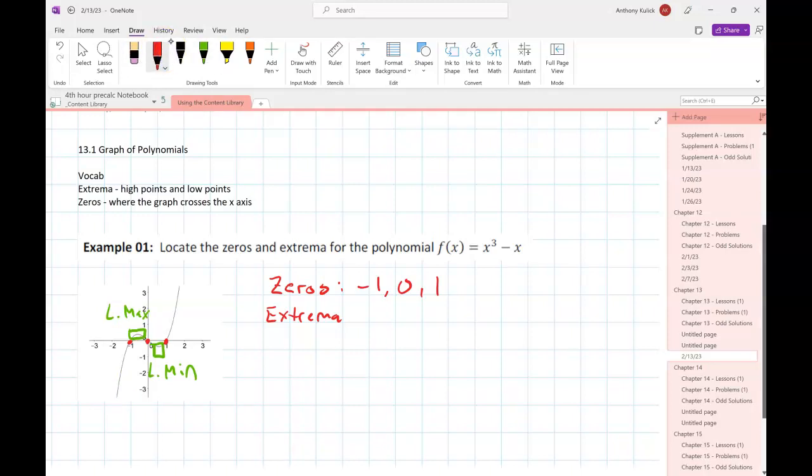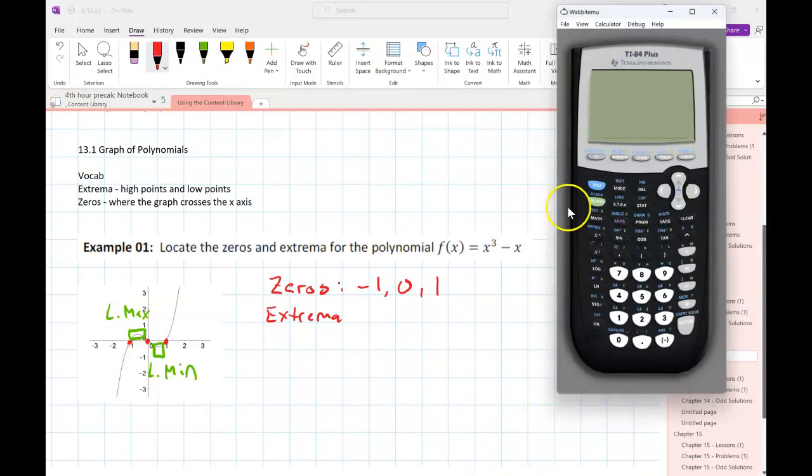So if I wanted the coordinates for those extrema, can I get them just from the picture? No. What else would I do to get that? Yeah, use my calculator. So I could just go ahead and type in this friendly old guy into my y equals menu.